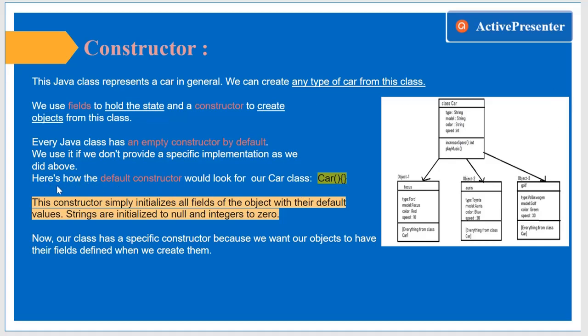Here is how the default constructor would look for our Car class: Car, curly brackets. This is the default constructor. There is no parameter. We will see it in the program very soon.